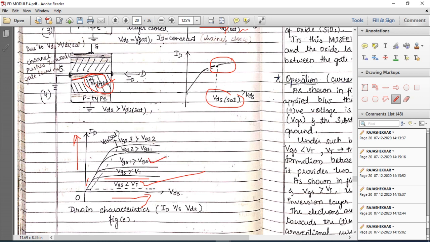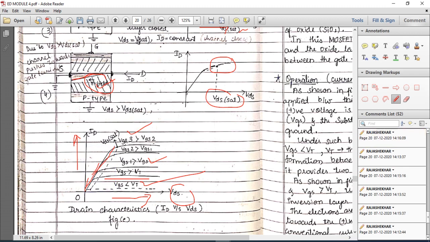If I increase the gate to source voltage, the drain current again increases, but if I increase VDS further, it again becomes constant. Like this, for a particular VGS we get the maximum drain current. After that, it saturates and remains constant.